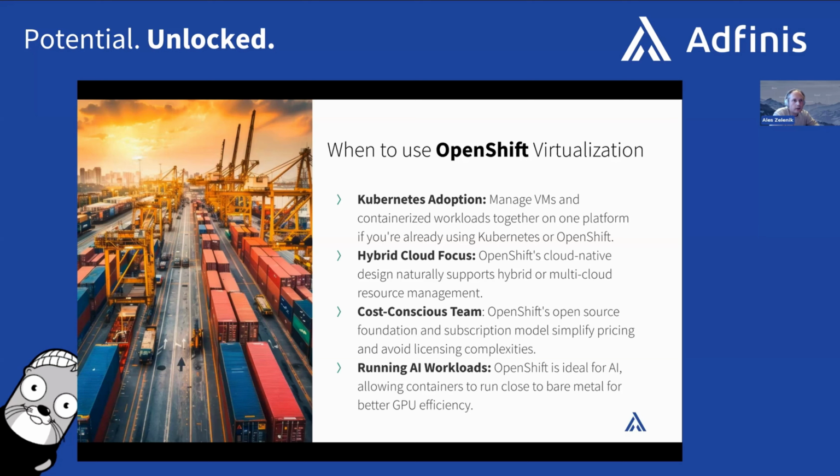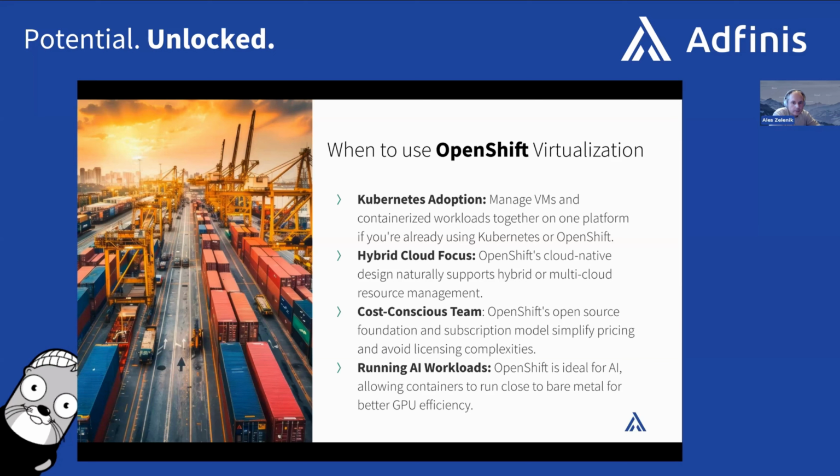With OpenShift Container Platform, you can then migrate all those workloads to a native way of managing them, using concepts that are much more natural and applicable to those types of workloads.